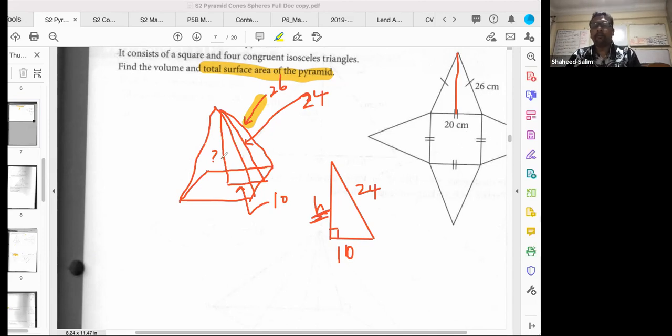Then you can find the height. Once you find the height, you're ready to score the goal. Okay, if you all need help.